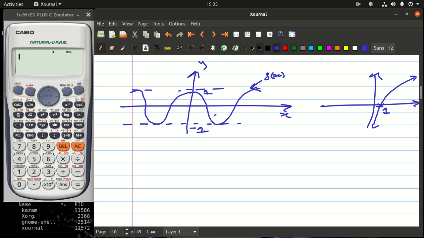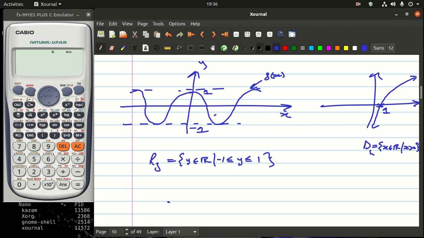The range of this function, the range of g, is just going to be y is an element of real numbers such that it takes all the values from -1 to 1. So -1 is less than or equal to y, and y is less than or equal to 1. Now, you find the domain of this function as x is an element of real numbers such that x is greater than 0.